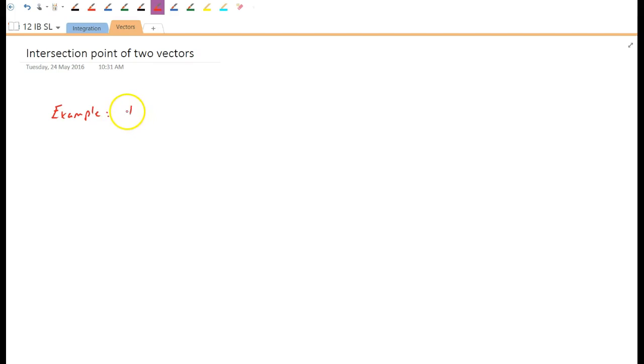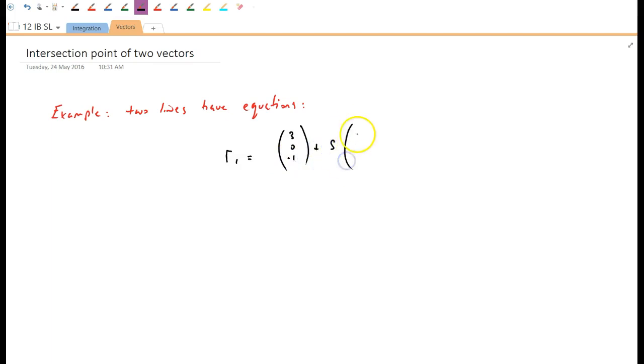So here it reads, two lines, and this is the last section we did, lines have equations. So we're going to have two lines, R1 for line 1, fixed position vector (3, 0, -1), and direction vector (1, 1, 1).